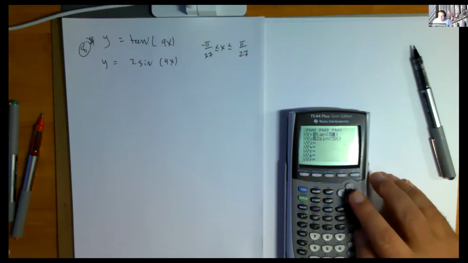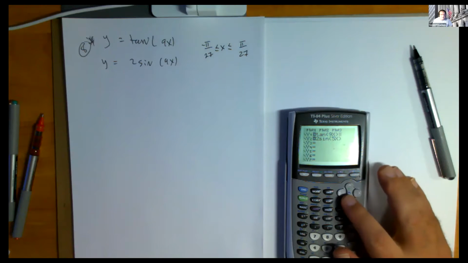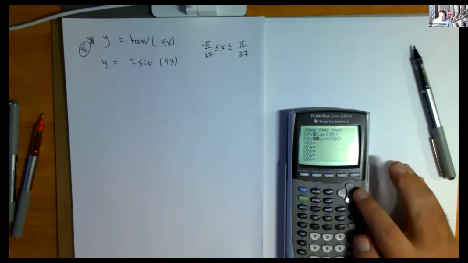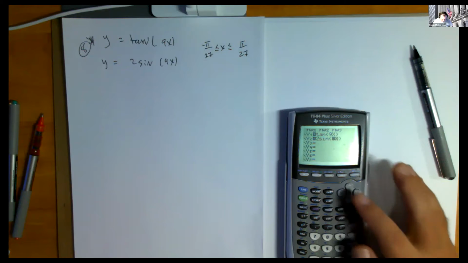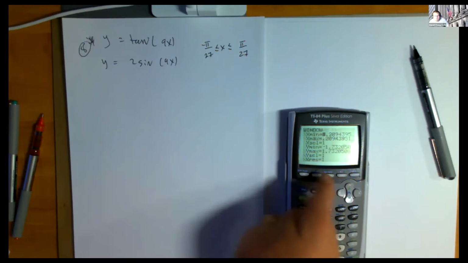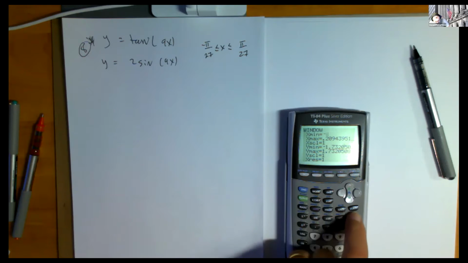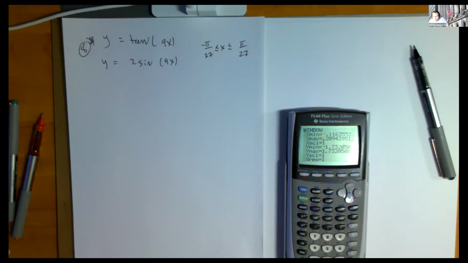I'm going to change this. So it was 5. I did do the question with my class. It was just a 5. So you type in your two functions, tan 9x and 2 sine 9x. I'm going to go to the window. Negative pi divided by 27 is the low value of x.